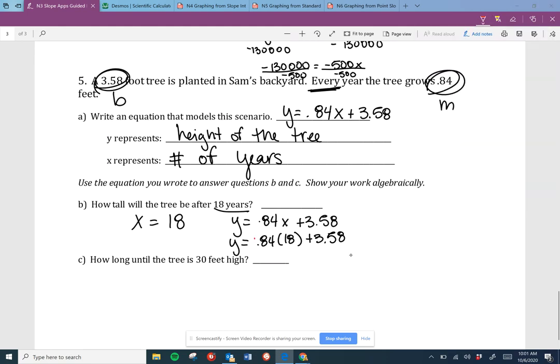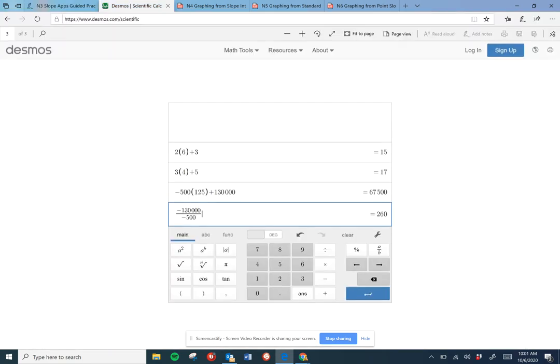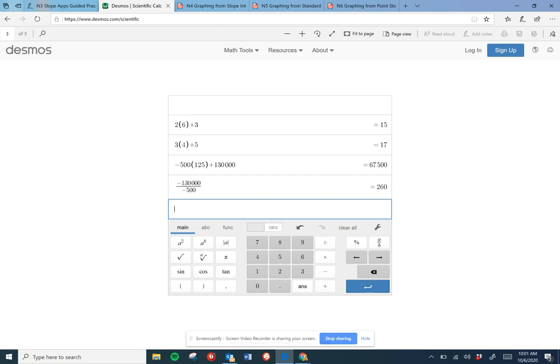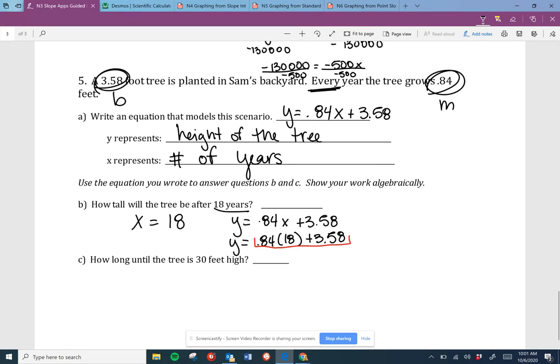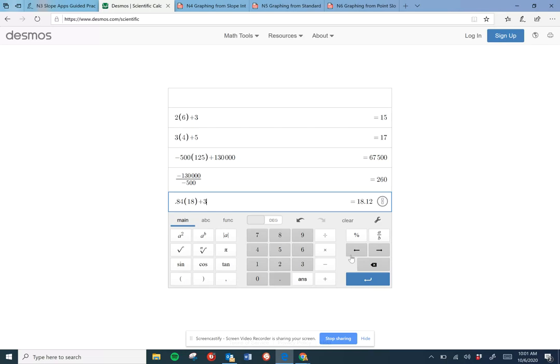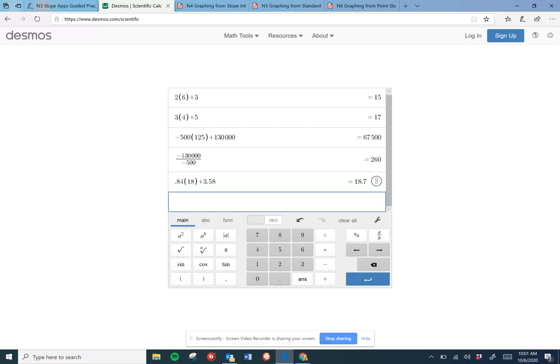Okay, so that means that my tree after 18 years is going to be 18.7 feet tall, right? And then it says, how long is it going to be until the tree is 30 feet high? Okay, so 30 feet high is a y value. So my y is going to be 30.